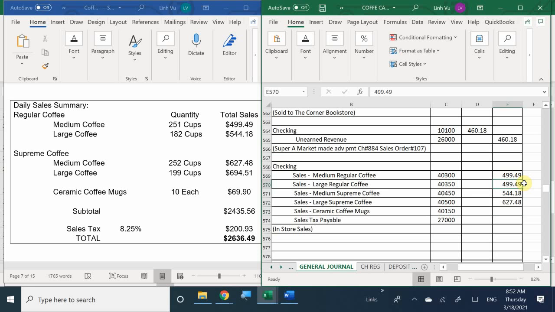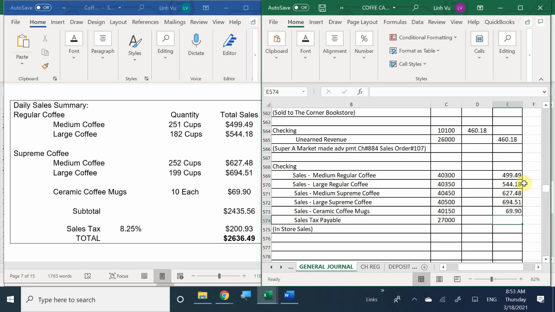So $499.49 for medium, $544.18 for large regular, and then $627.48 for medium supreme. $694.51 for large supreme. The cups are $69.90.